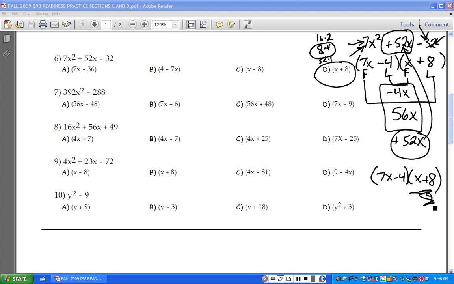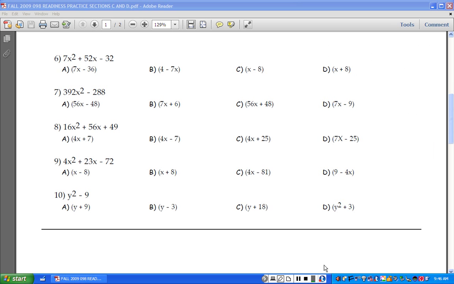Alright, so erase that. Moving on to number 7. Number 7 is a good one because it takes us back to that lesson we learned a little while ago about making sure we factor on the front end. We're looking at 392 x squared minus 288, and what we notice is that both of these coefficients, 392 and 288, can be divided by 8.